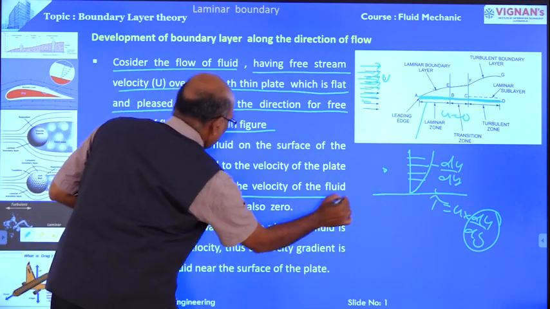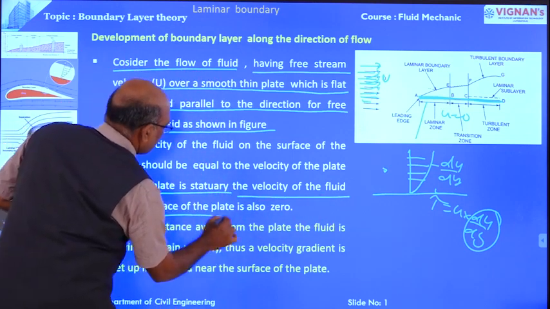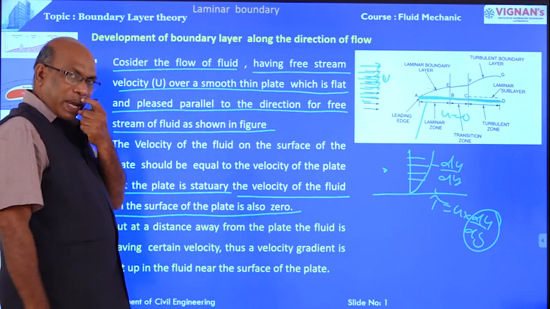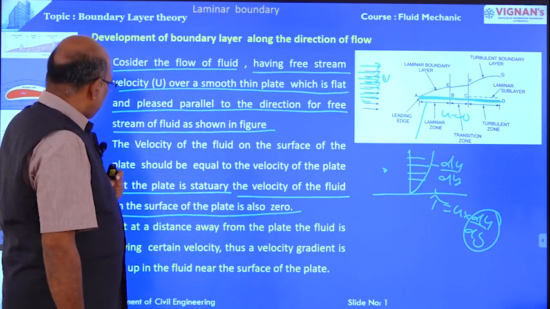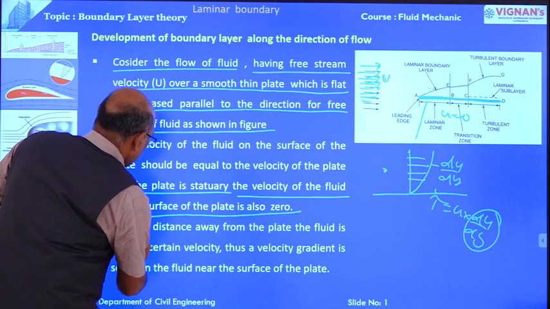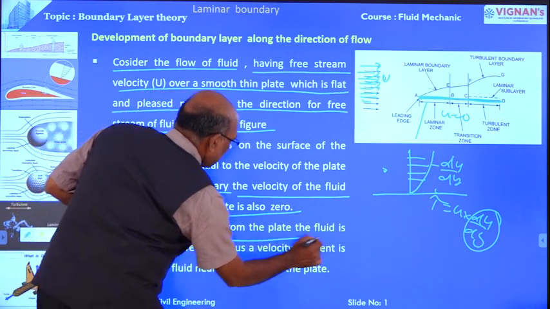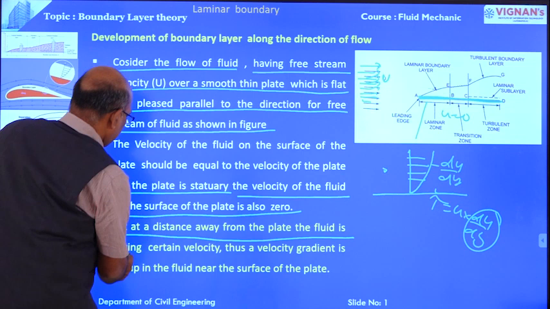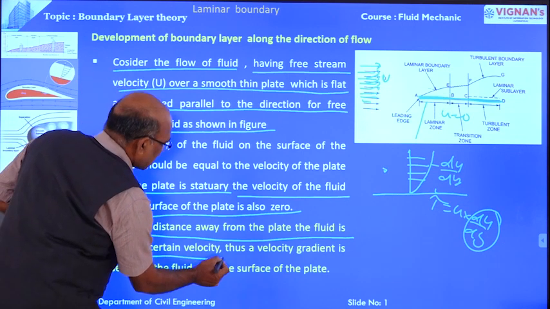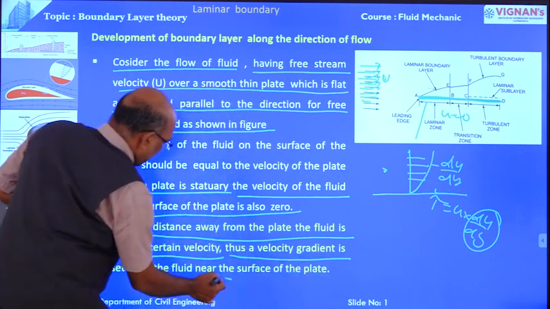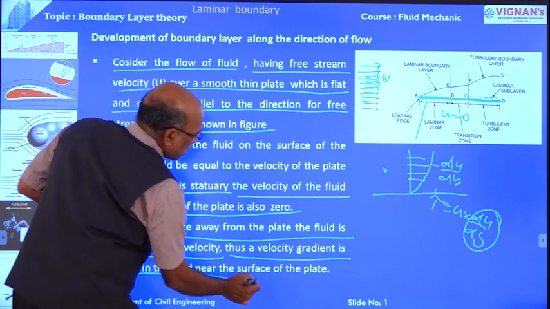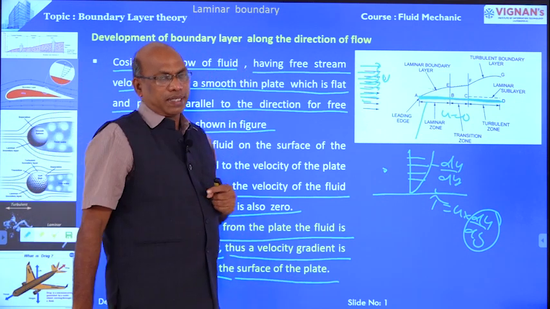The velocity of the fluid on the surface of the plate is 0. Clear. And next point, at a distance away from the plate, fluid is having certain velocity, thus the velocity gradient develops over the surface of the plate.